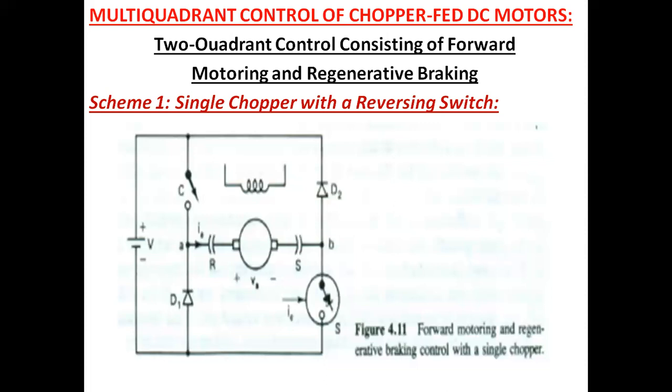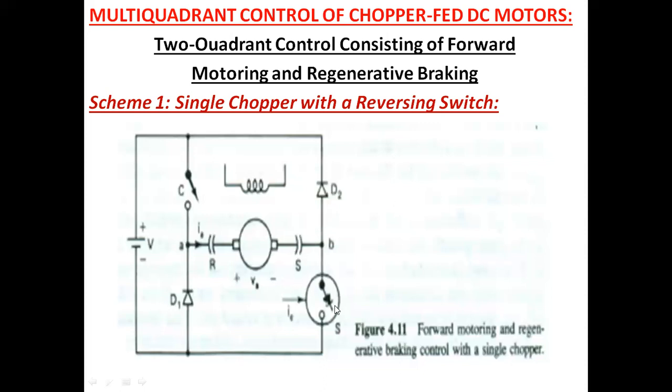This chopper circuit is used for forward motoring, which I showed you in figure 4.3a, and in figure 4.6 we showed regenerative braking. If you combine both 4.3a and 4.6, you get figure 4.11, which I am showing you right now.